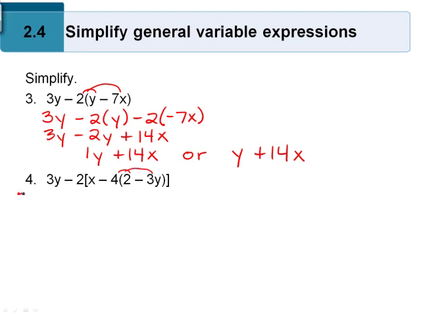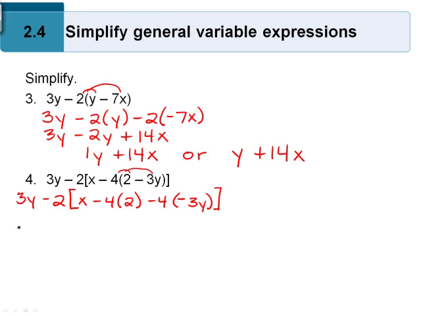So bring down 3y, bring down the minus 2, and the x inside the brackets. And what I'm going to do is negative 4 times 2, and then negative 4 times negative 3y. All of that is still in brackets. We've just distributed to get rid of that one set of parentheses.